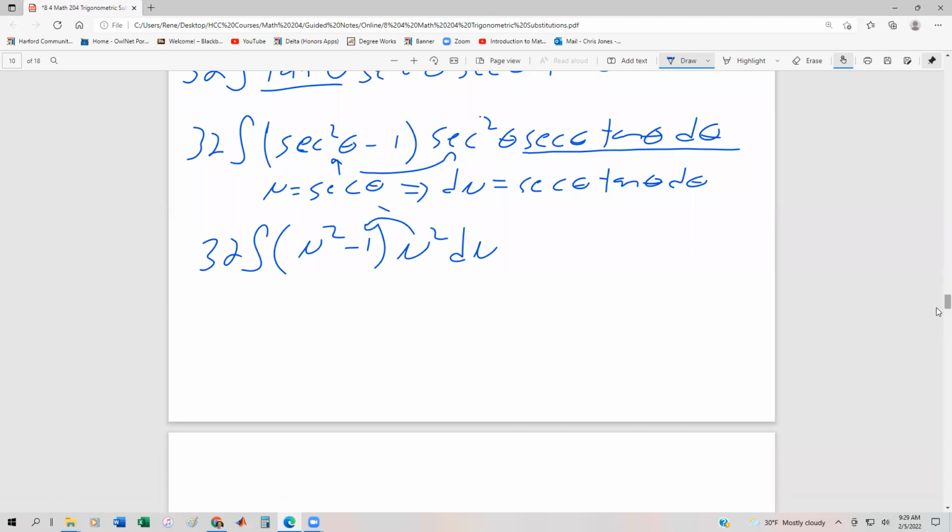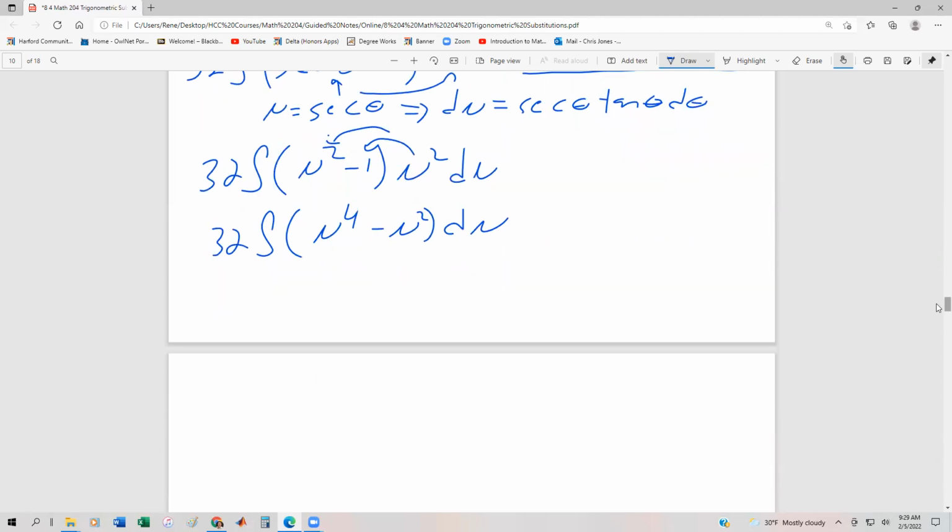We distribute the u to get 32 times the integral of u to the fourth minus u squared du. And now we're just going to use our good old power rule for antiderivatives. So now we have 32 times the quantity 1/5 u to the fifth minus 1/3 u to the third plus c.